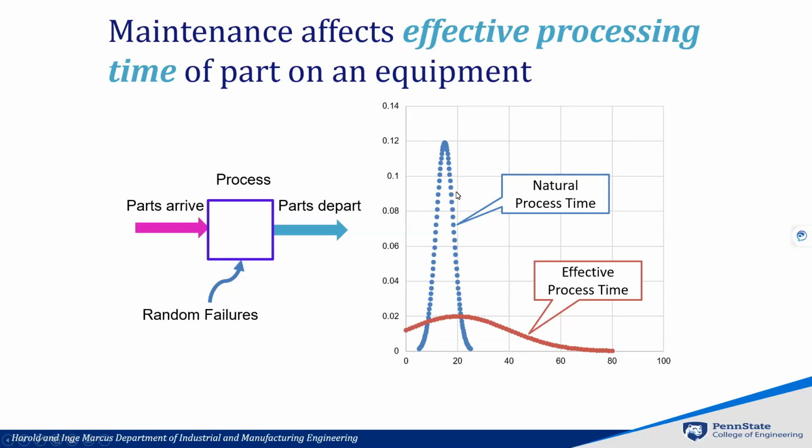So the distinction here is that this blue curve, when subjected to random failures because of poor maintenance, leads to a wider spread of what we call effective process time. Think of the cascading effect: the cycle times of parts inflate, the throughput starts to go down, and it hurts the bottom line of the companies.